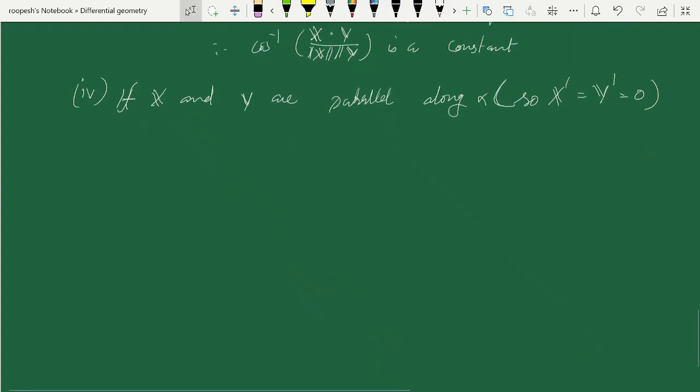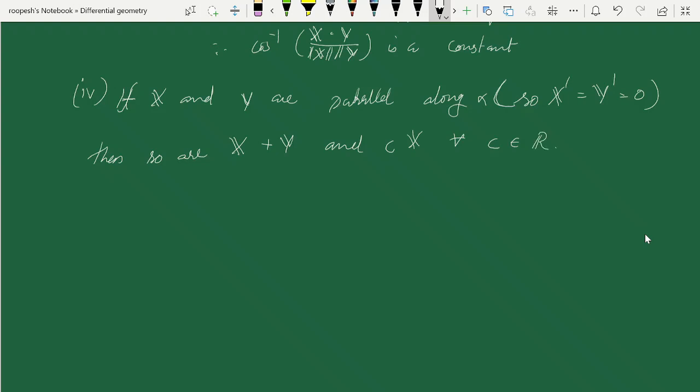Then so are X plus Y and cX for every constant c belonging to the real numbers.